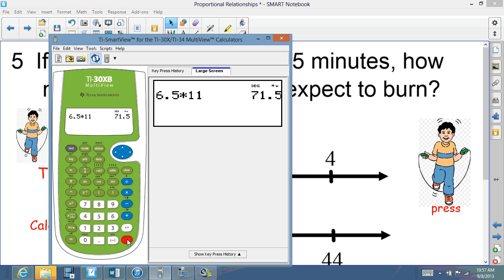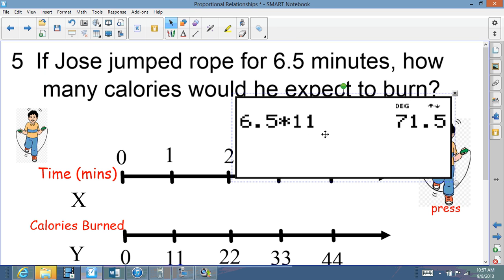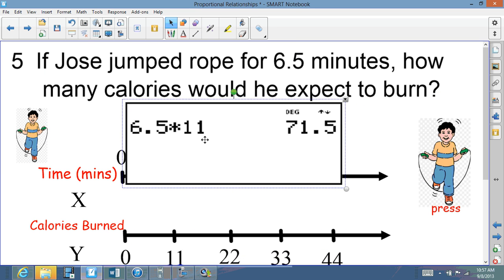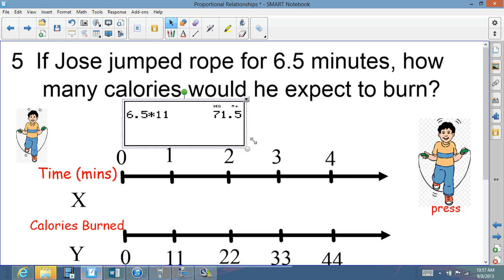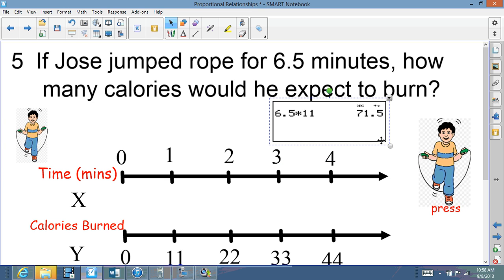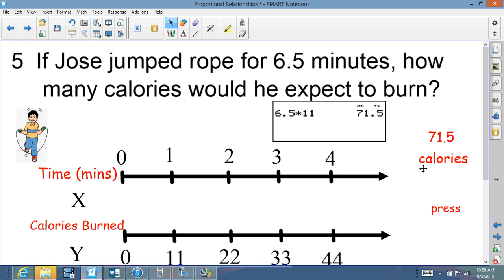And this will give us 71.5 calories he should burn in 6.5 minutes. So all I had to do was multiply by 11. So if you got 71.5 calories, you are correct.